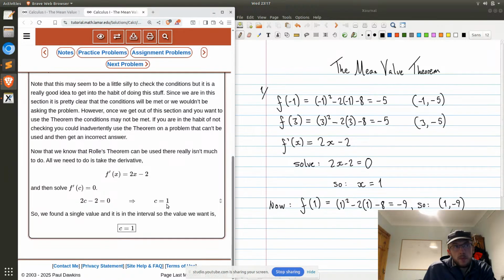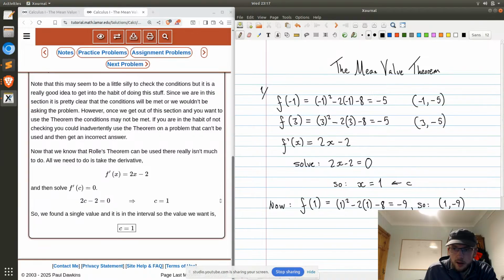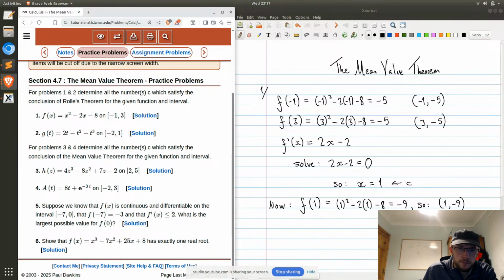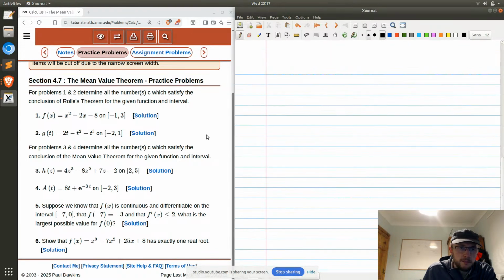Well, okay. C is equal to 1. I did something even more cool. I found the coordinates of it. But okay. Now do that for problem 2.